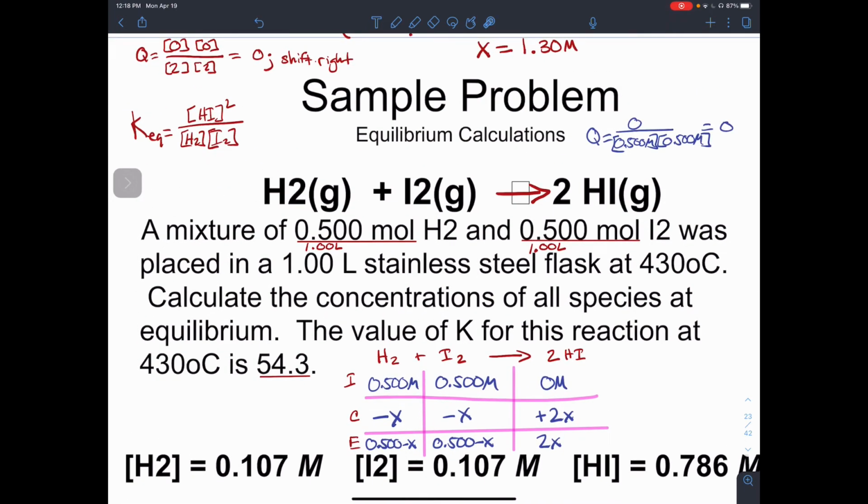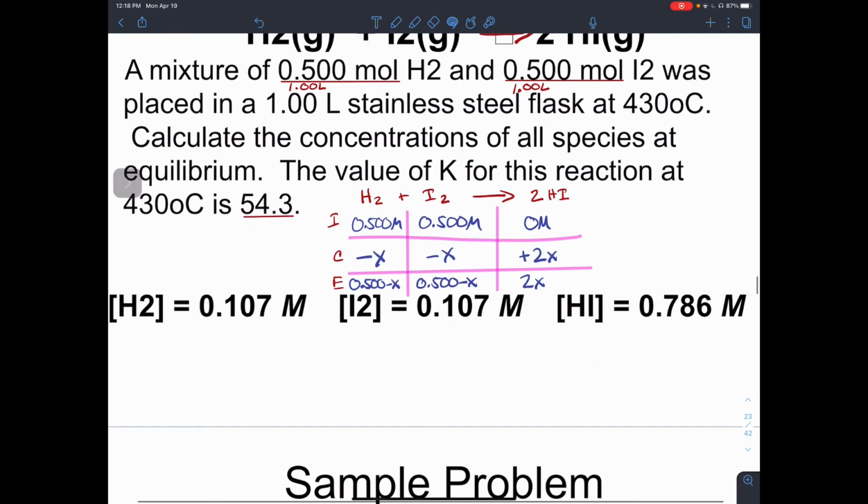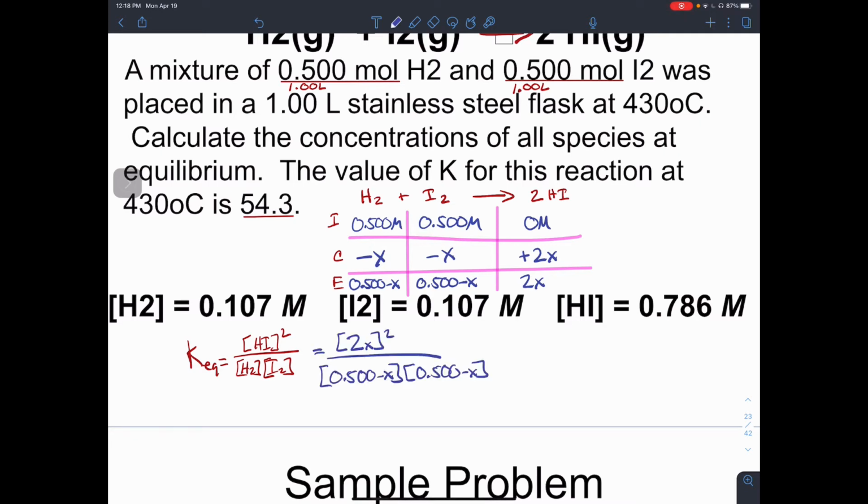I've already written my expression for K up here, so I'm just going to copy it, paste it down here, and then start plugging in the things that I do know. We know the value for K. And we can start to simplify this equation.